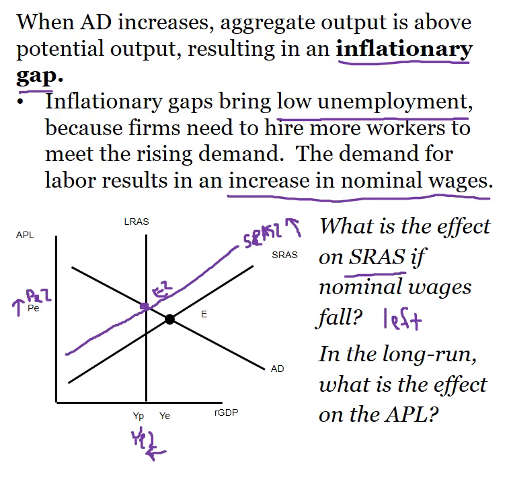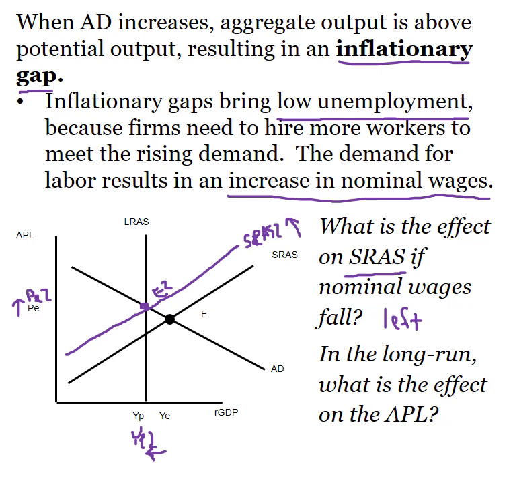Our original equilibrium, our E1, is a short-run equilibrium only. Our E2 is back at our long-run potential. So in this situation, again, this is showing how economies naturally self-correct. There's no fiscal policy. There's no government intervention. No one made any of these things happen.